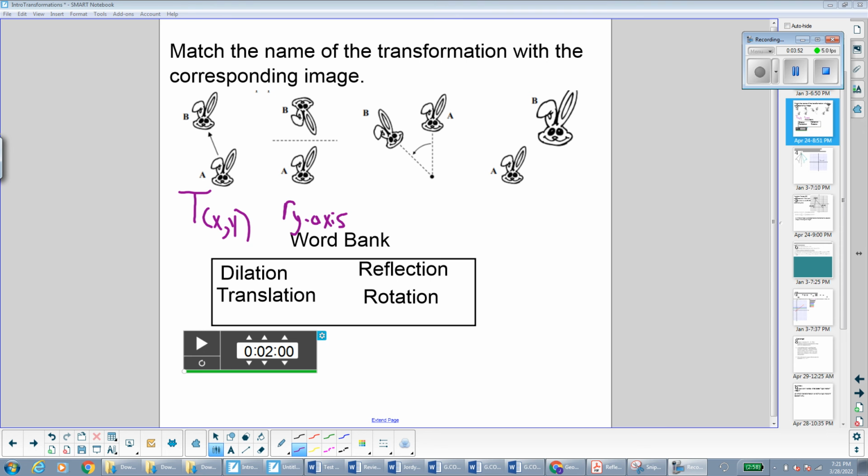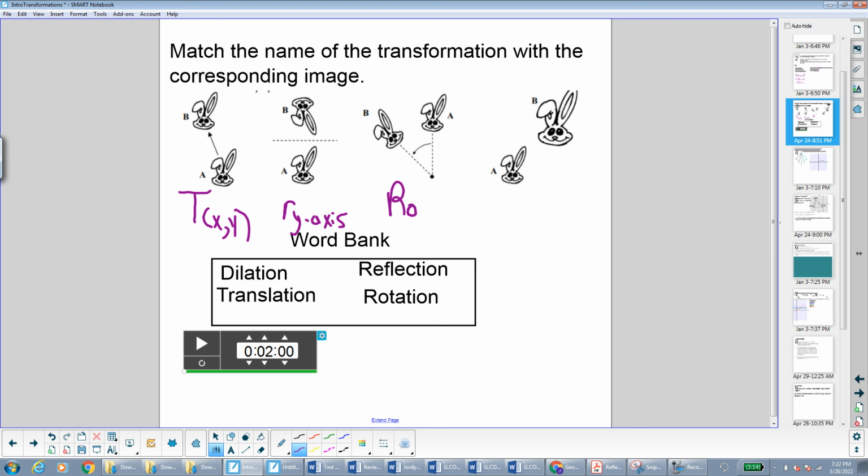For the next image, we have a rotation to get from the pre-image to the image. The bunny face was rotated, and it looks like it was rotated in a counterclockwise direction. So not clockwise, but the opposite direction, which would be counterclockwise. We indicate our rotation with a capital R, and next to the capital R, which stands for rotation, we usually put the angle of rotation and the center of rotation.